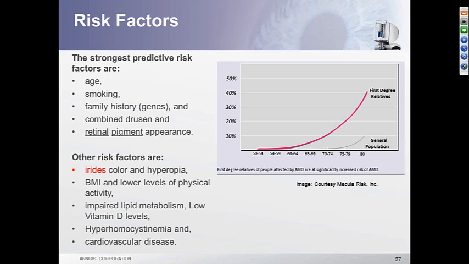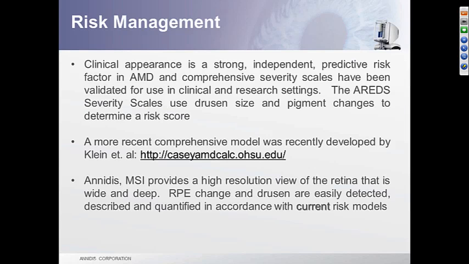There are other risk factors that have been nicely identified: iris color, hyperopia, BMI, lower levels of physical activity, impaired lipid metabolism, vitamin D levels being low, hyperhomocysteinemia, and some associations with cardiovascular disease. And I just want to underscore the clinical appearance is a strong, independent, predictive risk factor in macular degeneration.